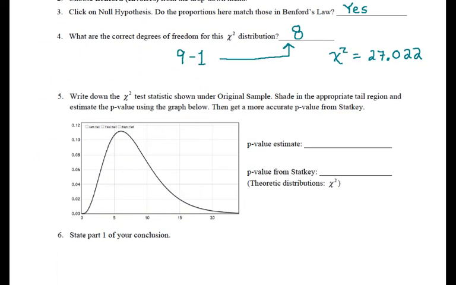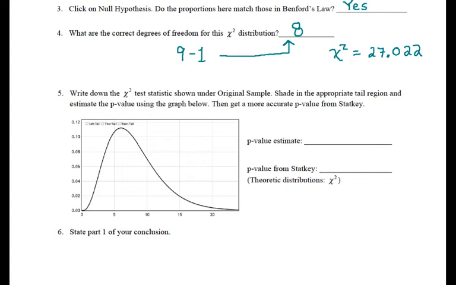So here is a curve with the correct degrees of freedom. And on this, we're going to locate 27.022. We can see these are spaced by 5. This would be 25, and this would be about 30. So my 27 is right about here.